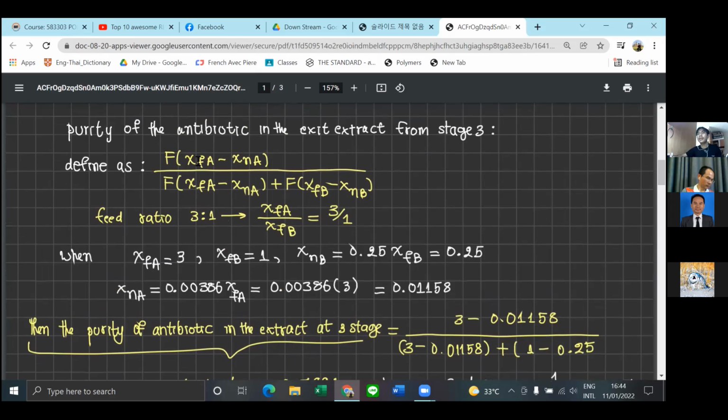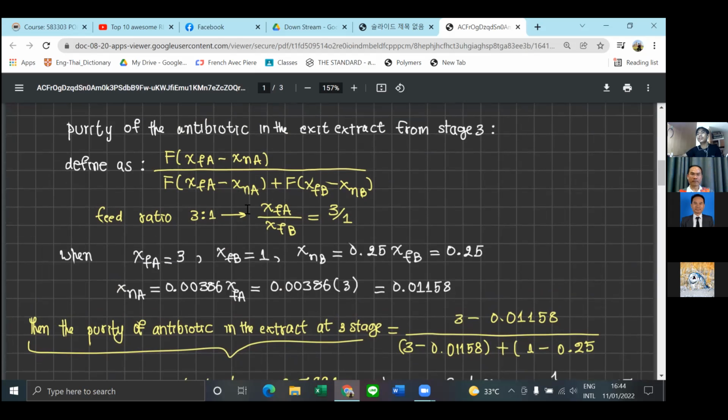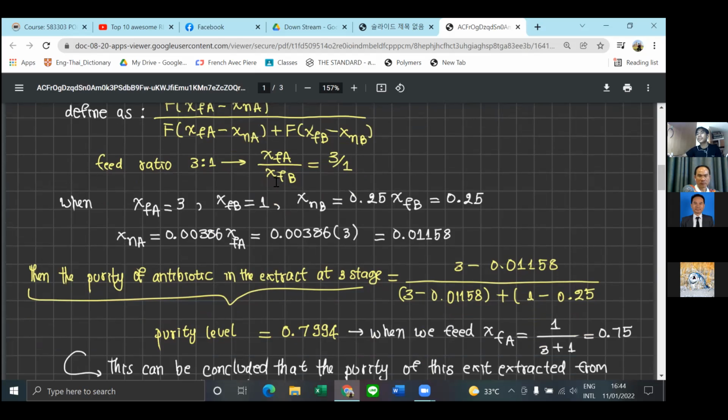So in order to calculate the purity, we need to know all these parameters. So HFA is going to be equal to 3. Actually, HFA is going to be 3 FB, but actually FB is only one. So you know this as well.